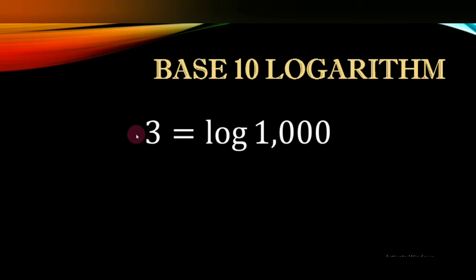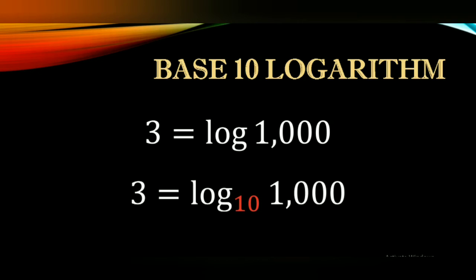Originally it's supposed to be 3 is log to the base 10 of 1000, but as per the agreement, whenever we have 10 as its base, we don't have to put it.